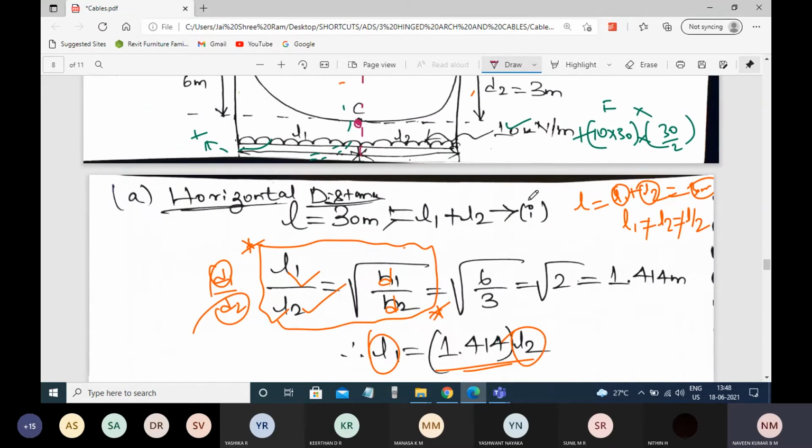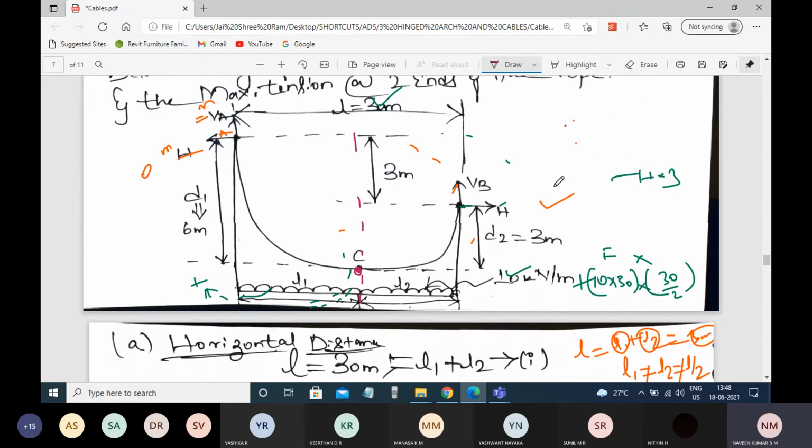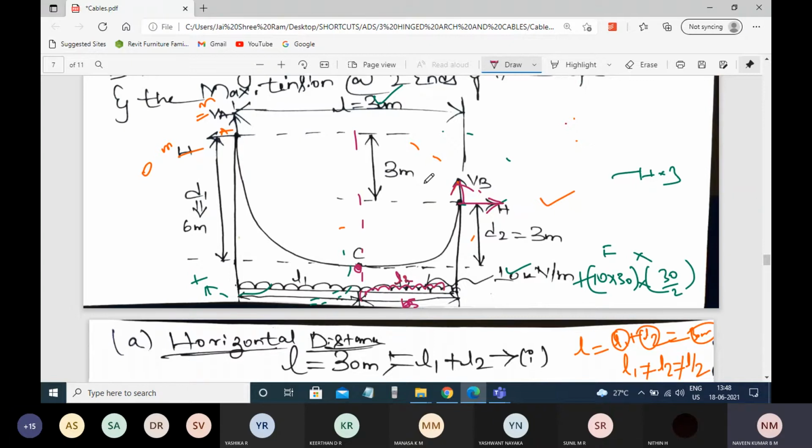Which forces are acting? H is acting about C, on the right hand side from C. H is acting horizontally and VB is acting vertically, and the UDL of length not 15 meter actually. The distance L2 is different.